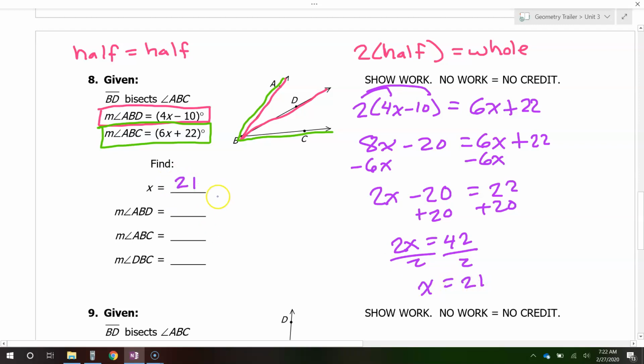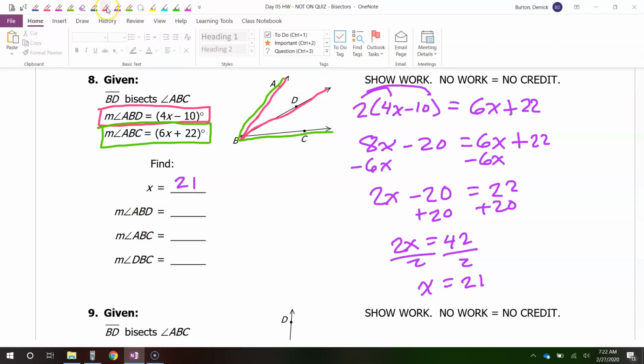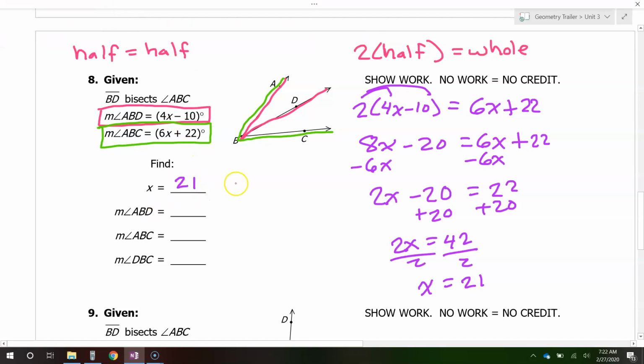All right, so great. X is equal to 21. Now we need to plug this back in to find these angles. So angle ABD, first of all, that's red. Angle ABD is the 4x minus 10.